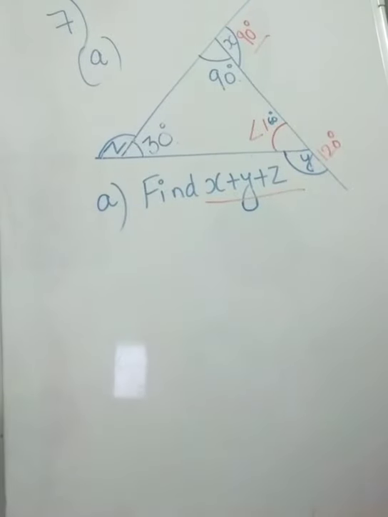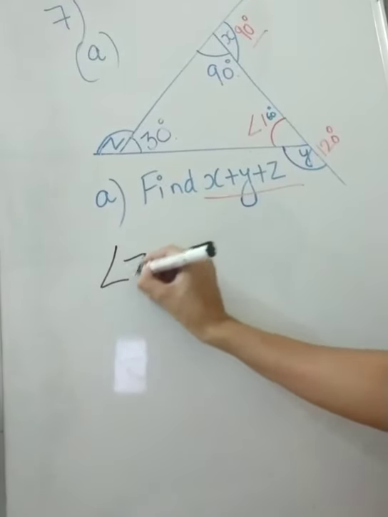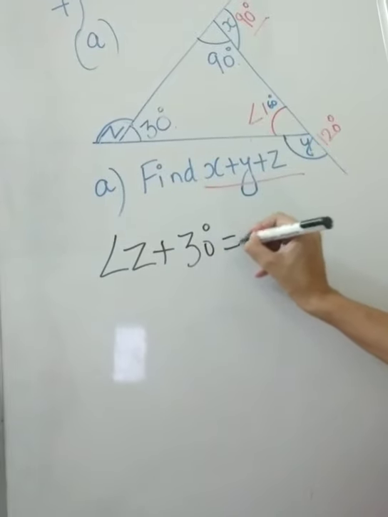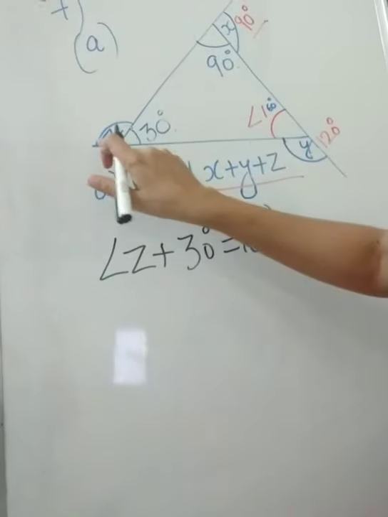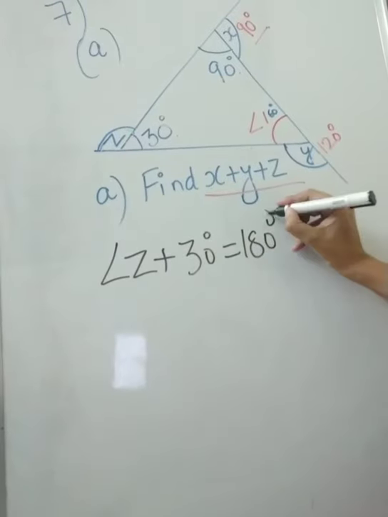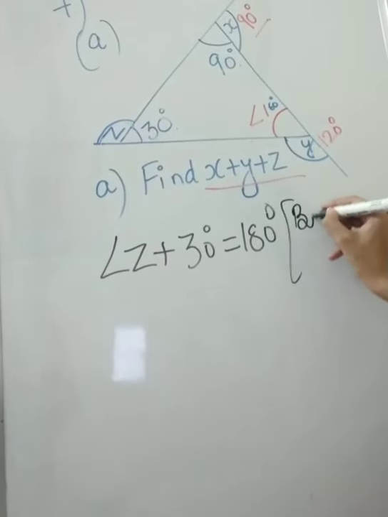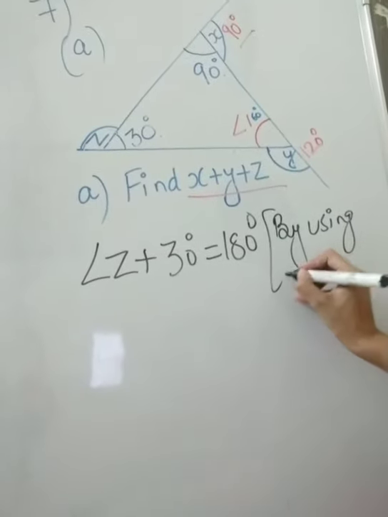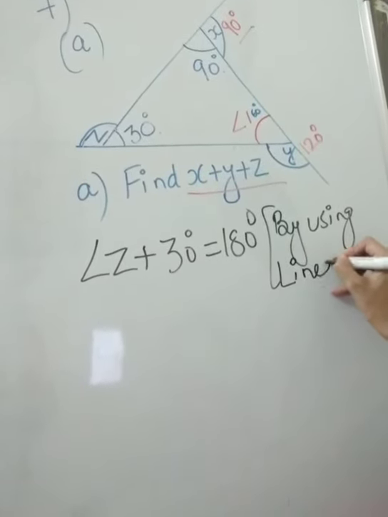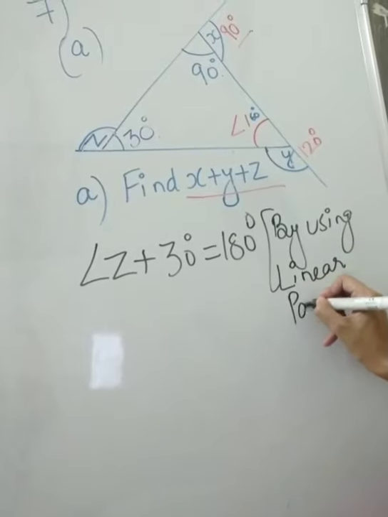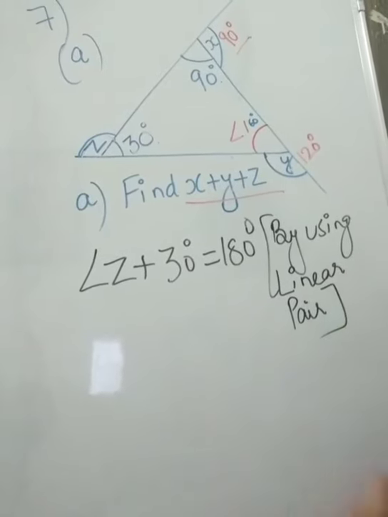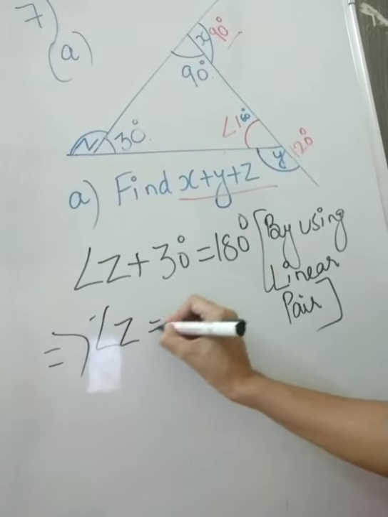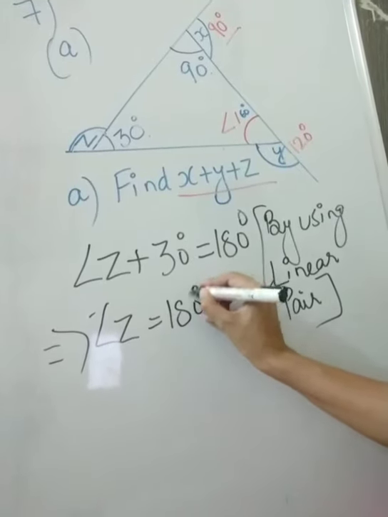Okay, now we will find out angle z. So angle z plus 30 degree is equal to 180 degree by using linear pair. Okay, so angle z, I will put here, this 180 degree.